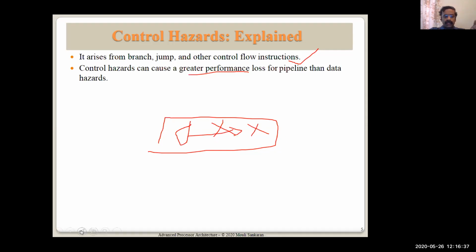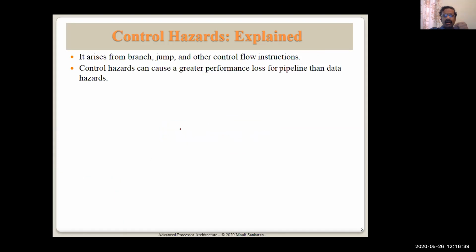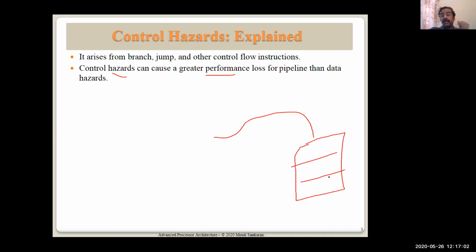So data hazards cause less of a performance impact because of the data dependencies in the pipeline, whereas control hazards cause a little more damage because they have to flush the pipeline. That means new instructions have to be fetched. Remember, when you have to jump to some other location, it is in some part of the memory.